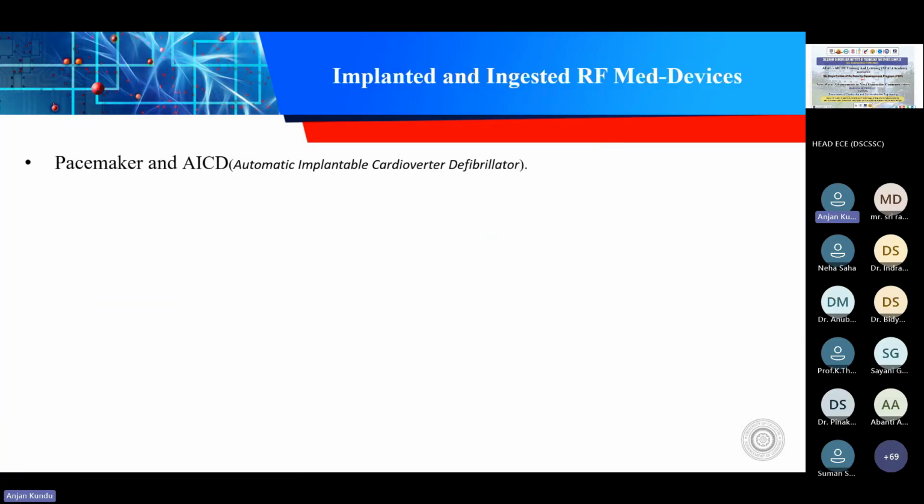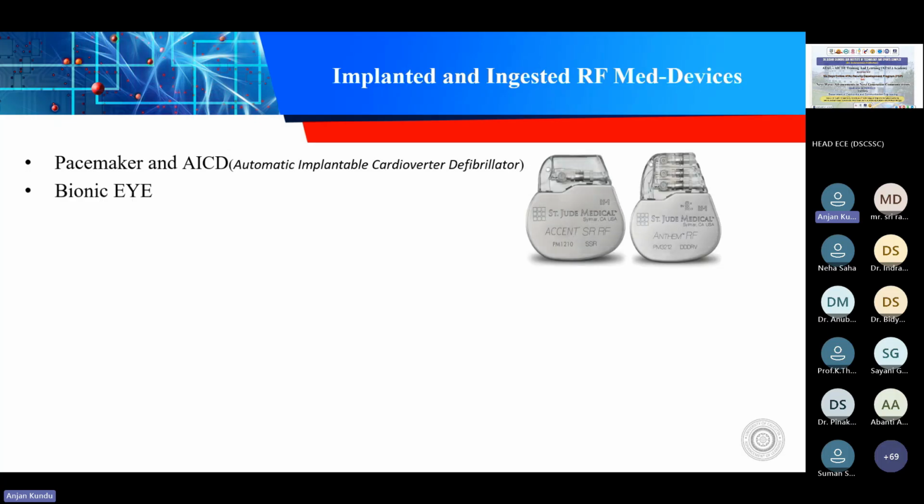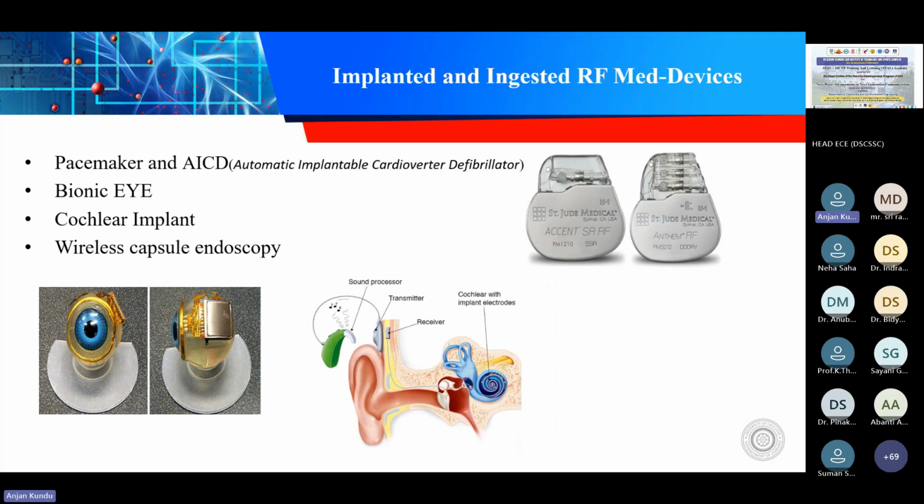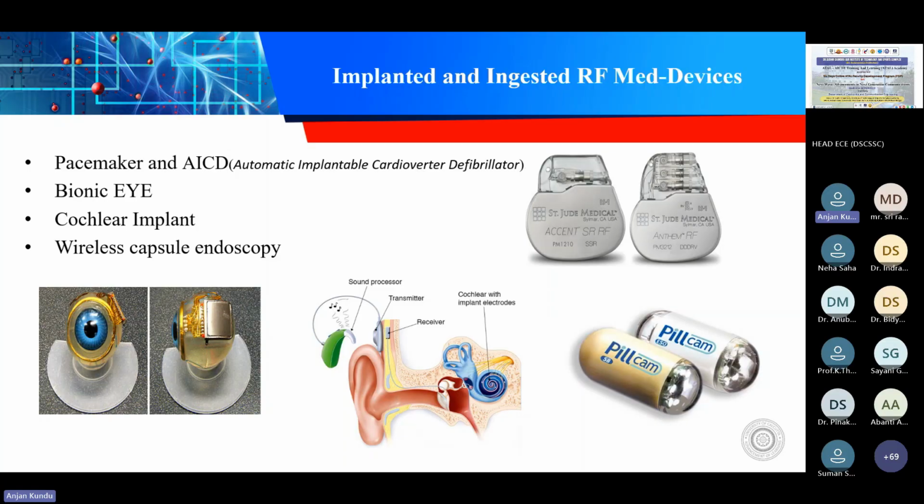Okay. So the most popular example, I am just going through the entire slide. One popular example of the implanted devices, not ingested, implanted devices, is the pacemaker. This is a real-time picture of a pacemaker.